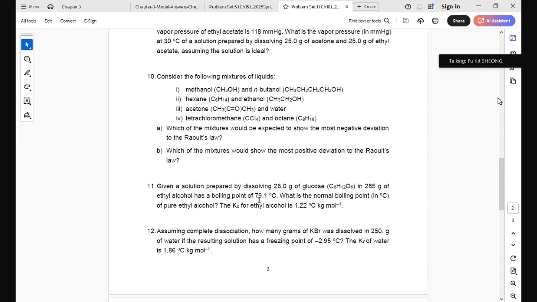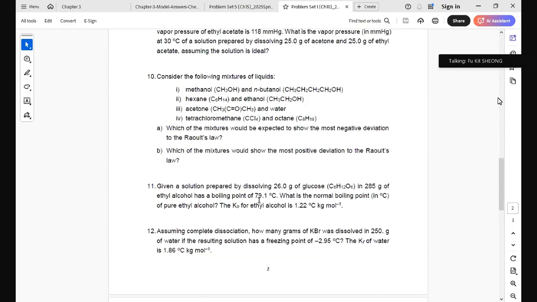Both of them are alcohols, so they're kind of similar, although they have different carbon chain lengths. They are kind of polar and form hydrogen bonds, so we expect not so much deviation from Raoult's law. Hexane and ethanol is very incompatible. One is non-polar, one is polar.